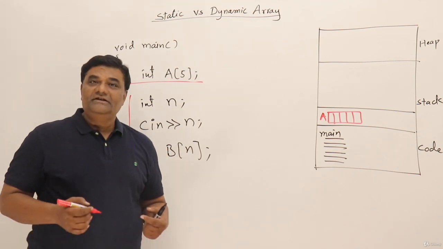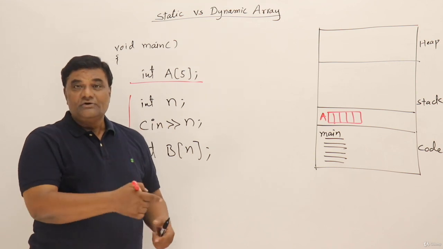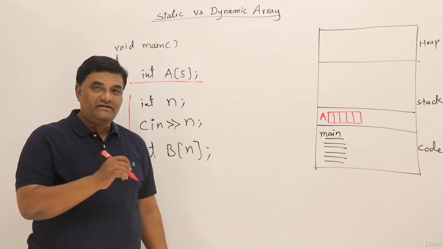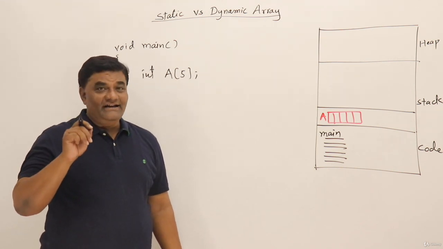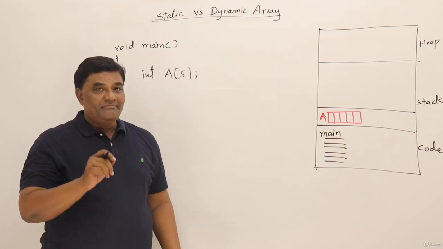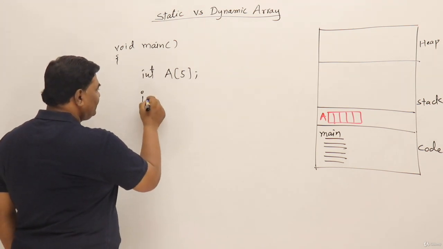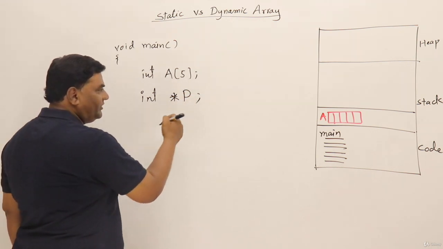Now next, we will learn how to create an array inside heap, whose size and type, everything is decided at runtime. Now one thing you remember, for accessing anything from heap, we must have a pointer. So first of all, I should declare a pointer. I will declare the name of a pointer as p.